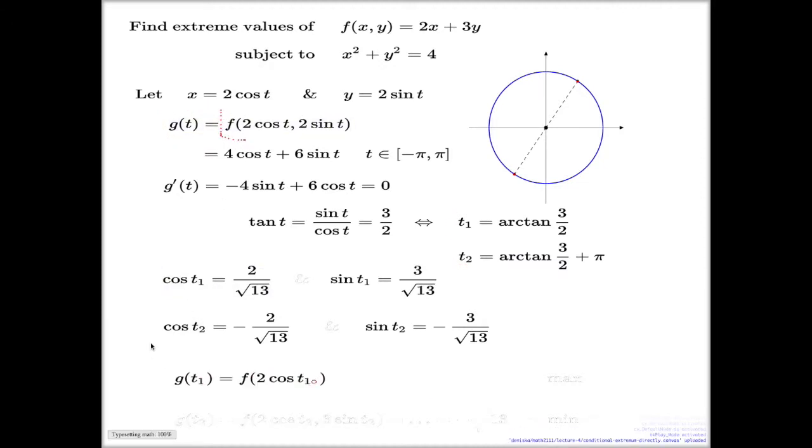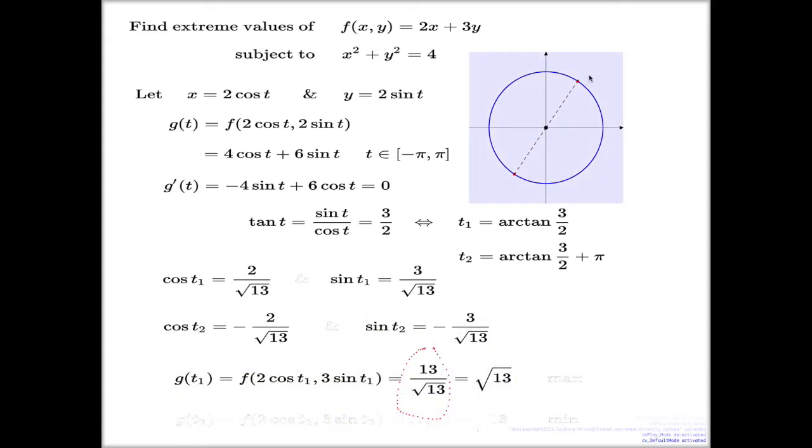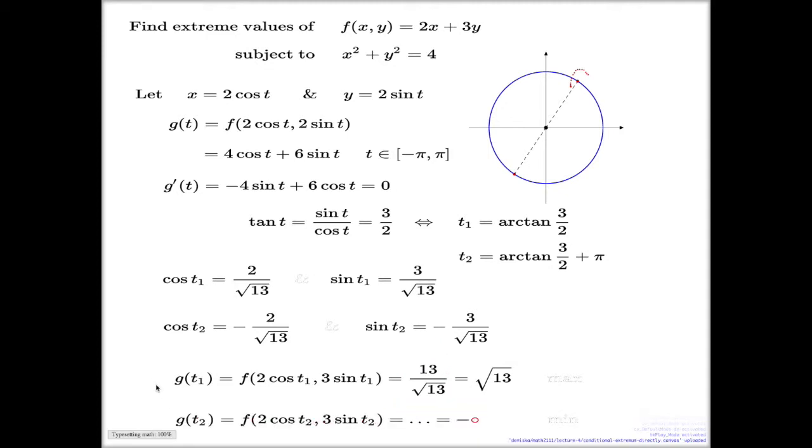So here's my comparison: g of t1, which is f of 2 cos t1, 3 sine t1, is the value at this point of my function, and that's the value of my function at the second point. This is the max, this is the min.